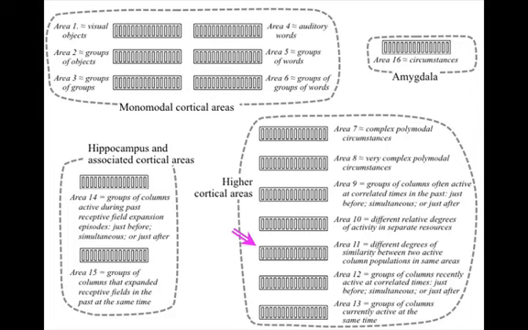Then, this area has receptive fields that discriminate between different degrees of similarity between two active column populations in the same other area, how much overlap there is between the two populations in that other area. And again, earlier I described the role of this type of area in some semantic memory phenomena.